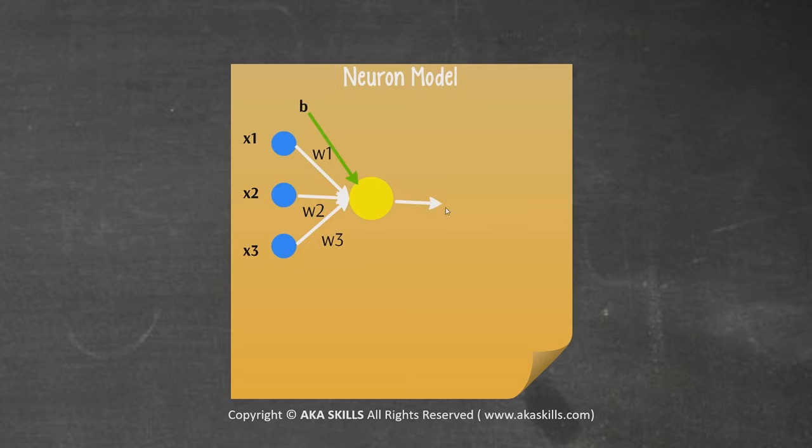Then the cell is going to have an output, and that output is actually our hypothesis function. So that's how we took traditional machine learning and upgraded it to an actual neuron model.